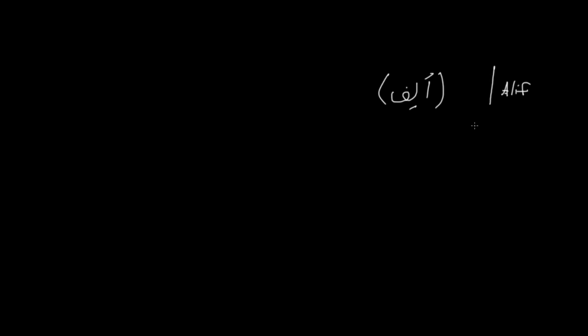This letter usually makes an A sound, but it can also make a U sound and an E sound. It gets really confusing later, but hopefully we'll cover that in later videos. All you have to know right now is that it is just one stroke up and down, and that is called Alif.